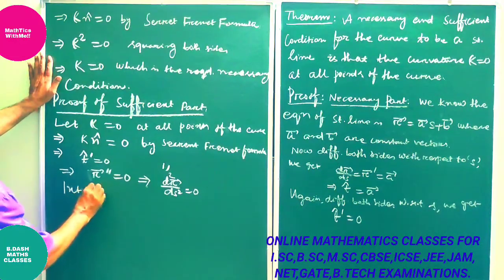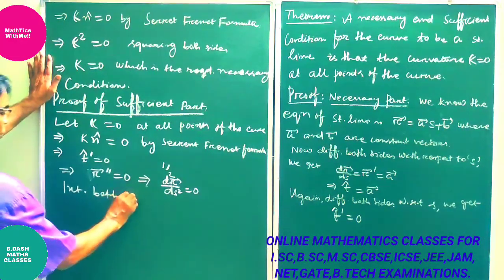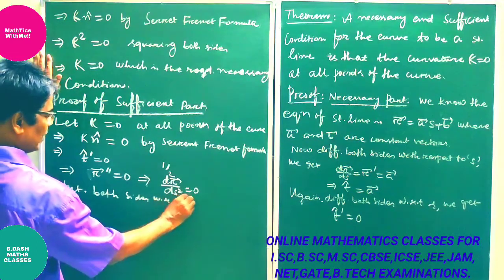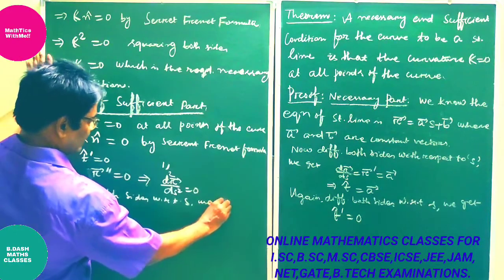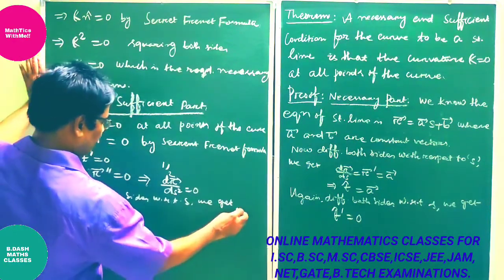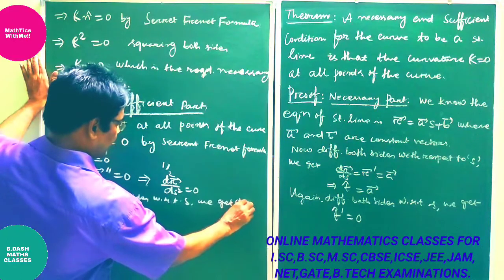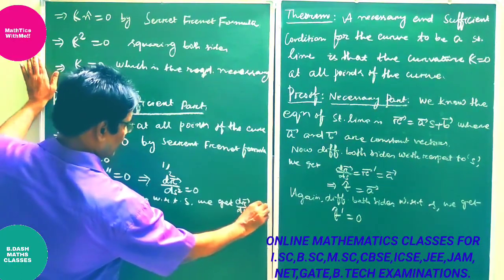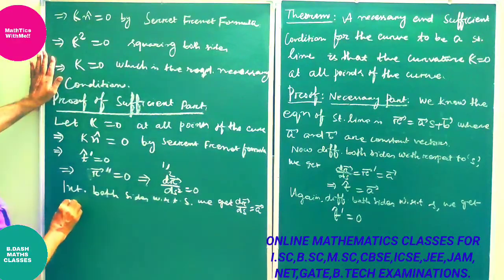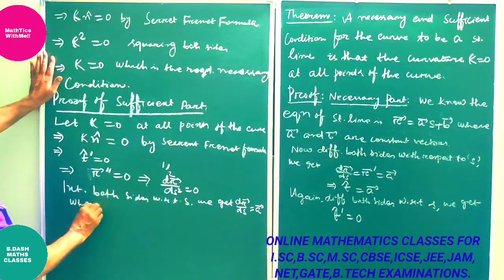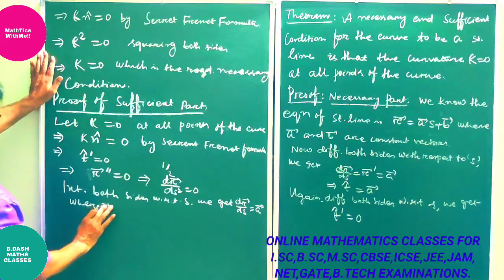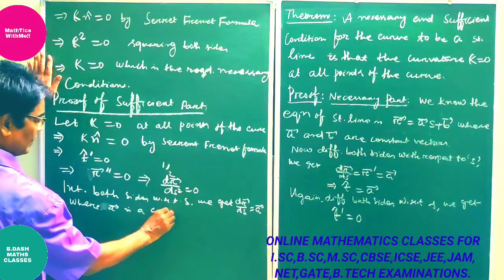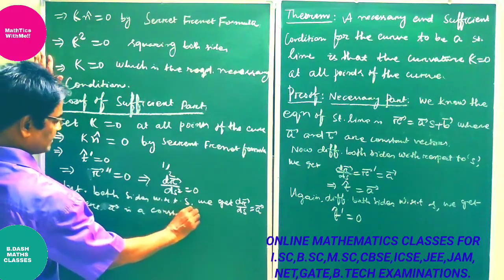Now integrating both sides with respect to s, we get dr/ds is equal to vector a, where a is a constant vector.